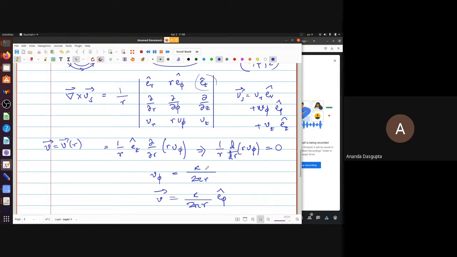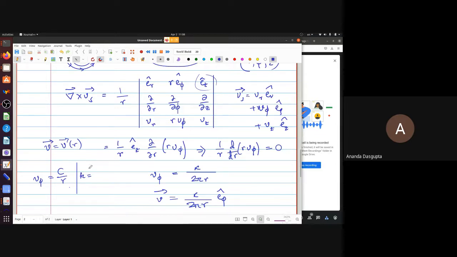You do realize why it should be kappa by 2 pi R? As you have said, V phi should be some constant by R, right? But if V phi is constant by R, how much is kappa? The circulation. What's the easiest way to calculate the circulation? You take a circle of radius R and calculate the circulation of this velocity, which is of course tangential at every point.